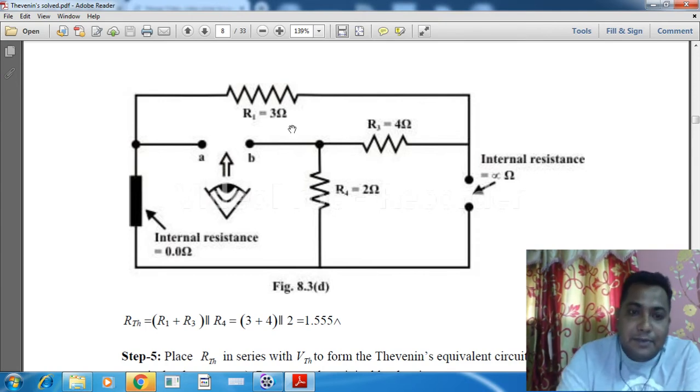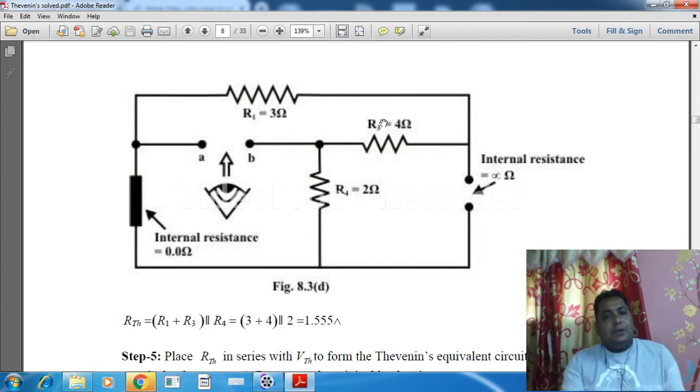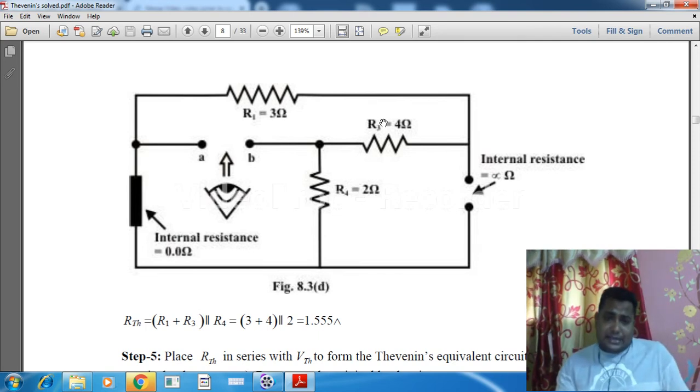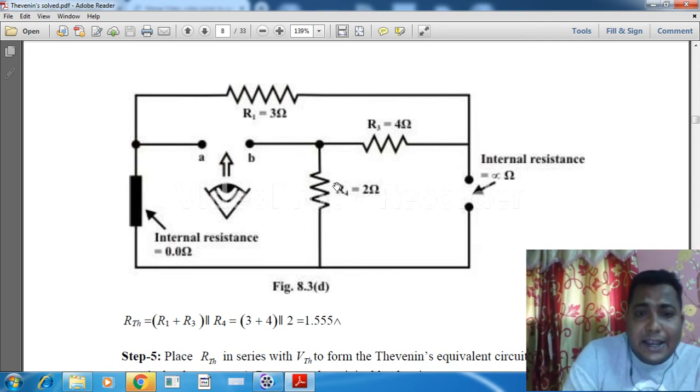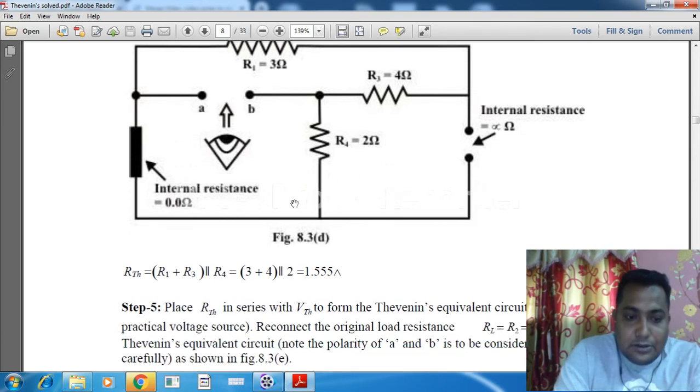So the same current is flowing through R3 and R1. As we know, if the same current is passing through two or more resistors, they are in series. That's why R1 and R3 are in series. And with that, R4, as the current is dividing between R3 and R4, obviously will be in parallel. So this is the case.